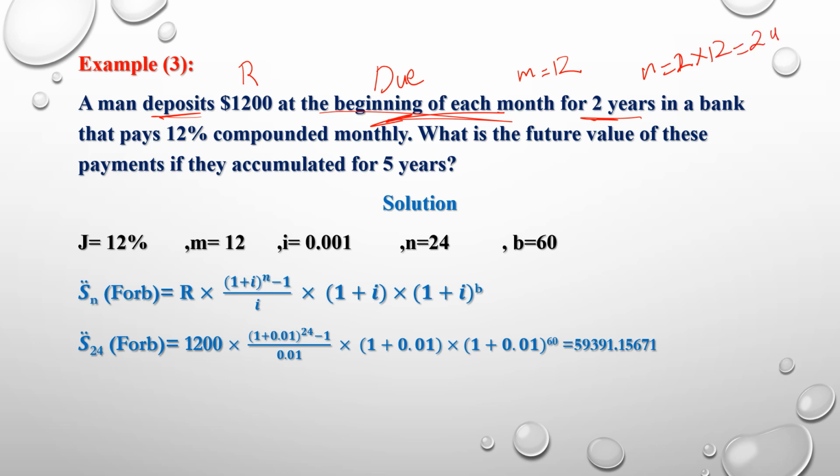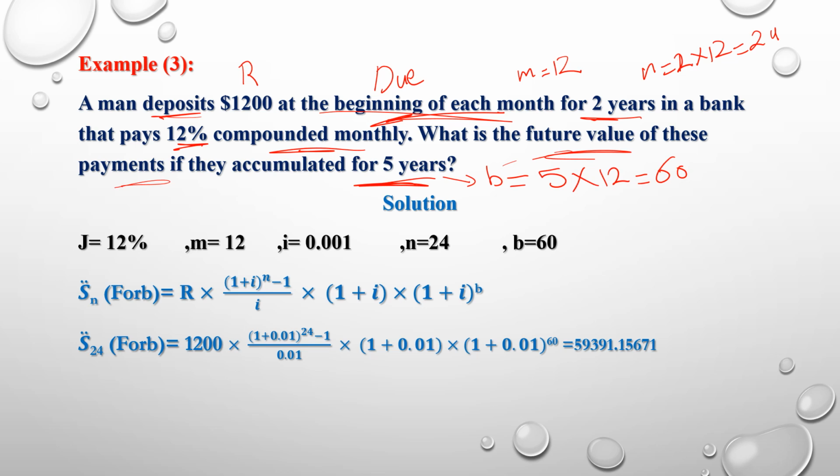In a bank that pays 12% compounded monthly, so J equals 12% and I equals J over M. What is the future value of these payments if they accumulated for 5 years? So the accumulation period here is 5 years, and B equals 5 years times 12 equals 60.